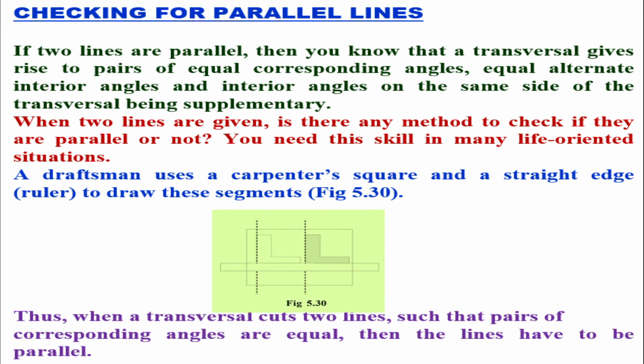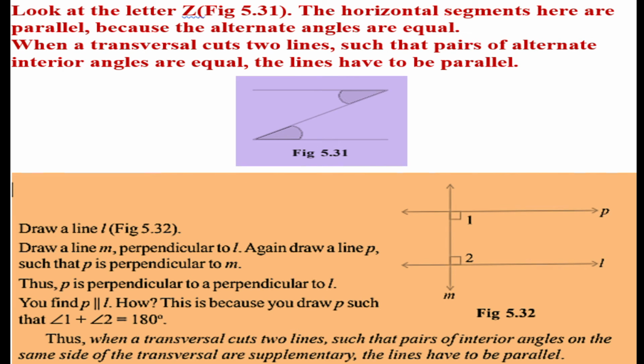Thus, when a transversal cuts two lines such that a pair of corresponding angles are equal, then the lines have to be parallel. You remember, when a transversal cuts two lines such that a pair of corresponding angles are equal, then the two lines have to be parallel lines. Look at the Z. Figure 5.31.